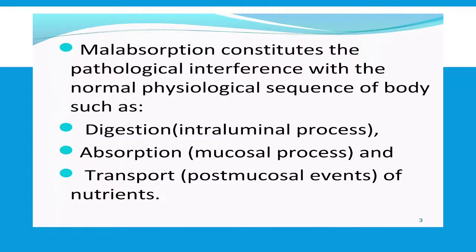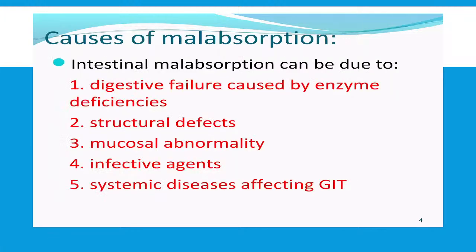Then second, there is absorption, which is a mucosal process, and third is transport, which is a post-mucosal event. So basically anything which interferes with the absorption of nutrients across the GIT is considered to be malabsorption.